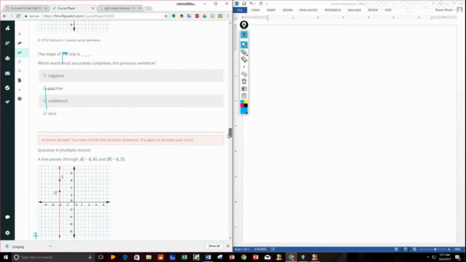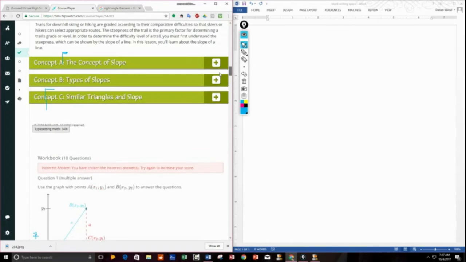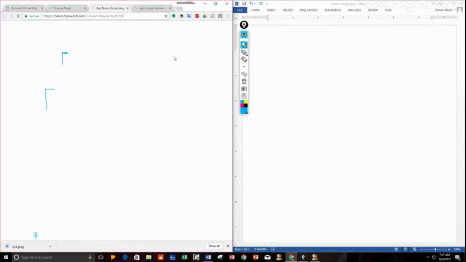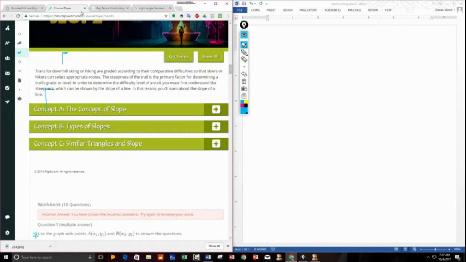The key terms, and look for side angle side. So right here, key terms. Do they have side angle side? Nope.